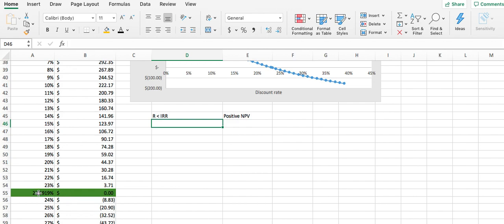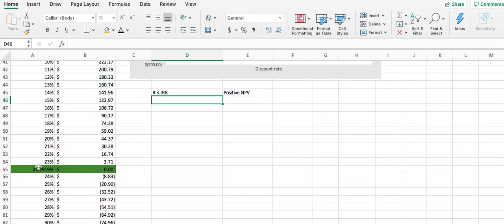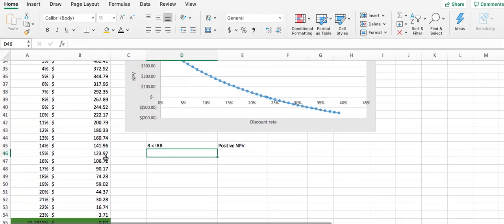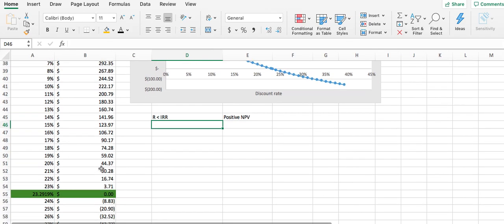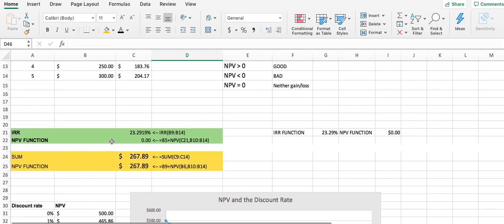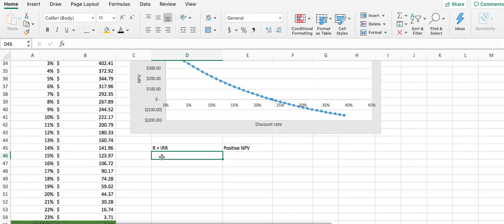So here we have a positive NPV because the rate is less than the internal rate of return.